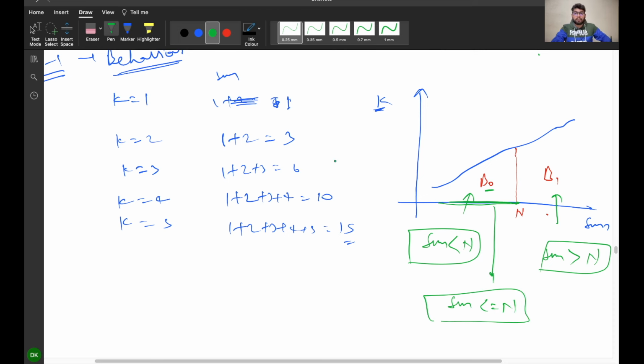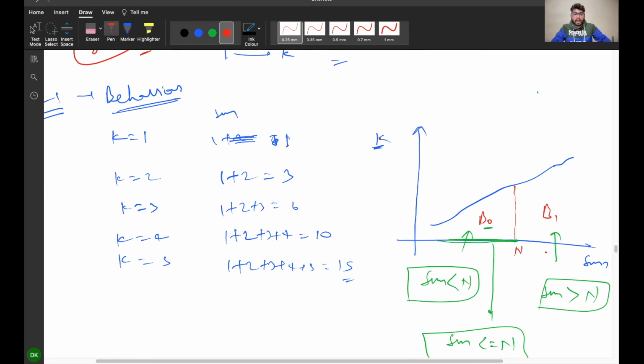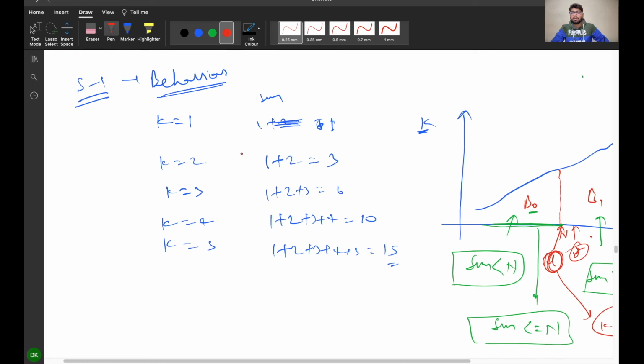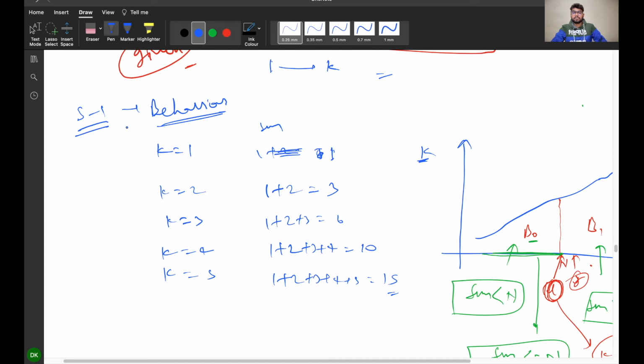And after processing all k, I have my L at the point n, and my R at the point where sum is greater than n. I just have to return k equal to L. So I have completed my step 1, behavior.